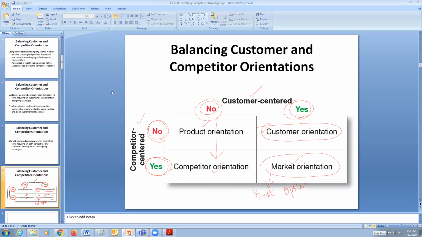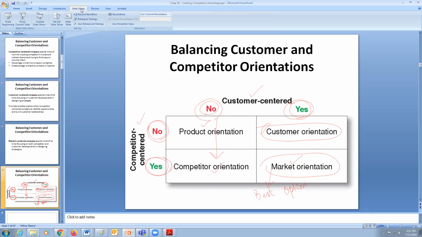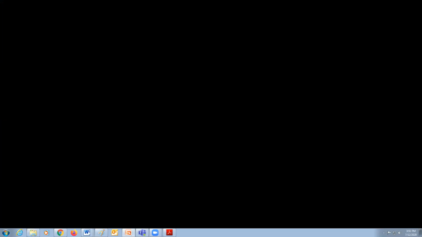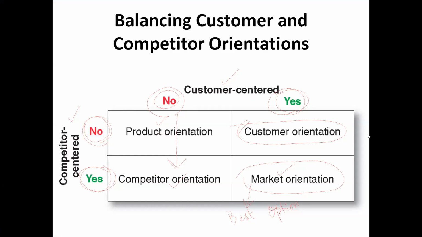And can you see that? Now, balancing customer and competitor. So what happens? The customer-centered. If customer-centered, if product orientation, competition, it says no. But if it is customer-oriented, it says yes. But customer-centered, competitor orientation, okay.